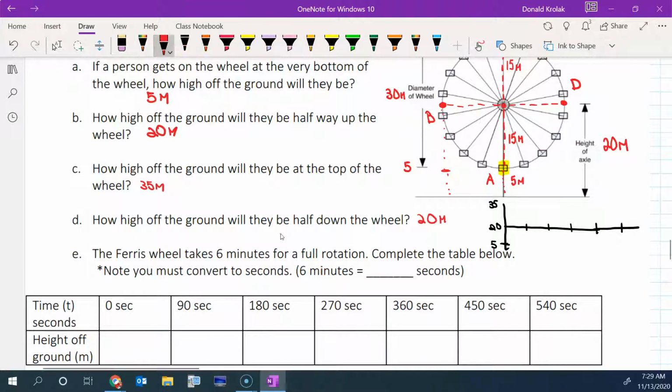Okay, so when we start, we're at 5, and we're going clockwise. So that's point A, and then we go to point B, which is 20 feet above the ground. Then we go to point C, which is 35 feet. Then we go to point D, which is 20 again. And then we're back down to 5.